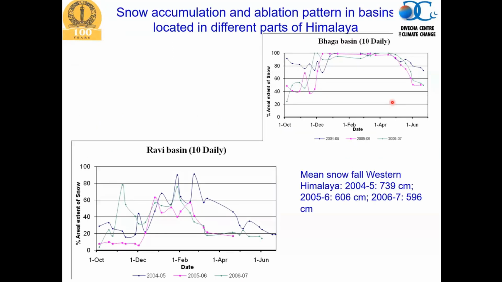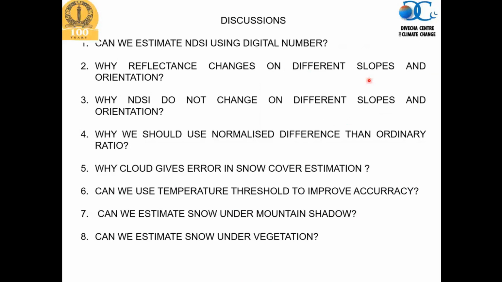And when you remove all cloud, you can get the snow accumulation ablation pattern. One is for Ravi Basin, which is a low altitude basin, and you can see even in the middle of winter snow is melting. And if you see the Bhaga Basin, which is a very high altitude basin, it is melting in the beginning of winter, but it is really a stable snow cover in the middle of winter. So this kind of use, you can use it later on for hydrological purpose and other things.